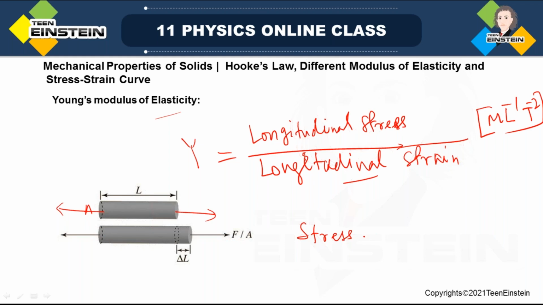The longitudinal stress is given by F by A, where F is the force and A is the area of cross section.